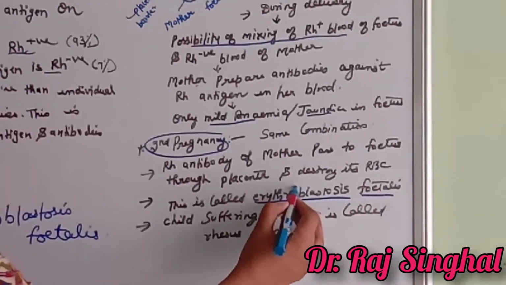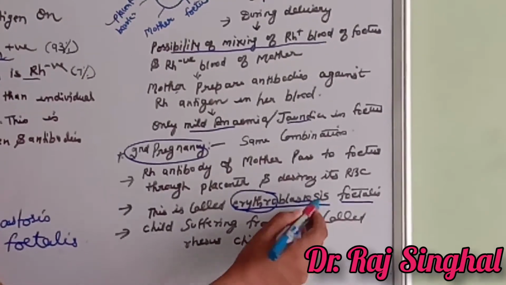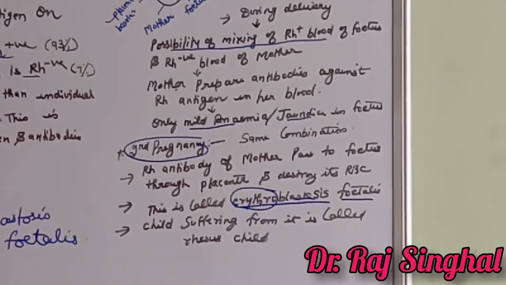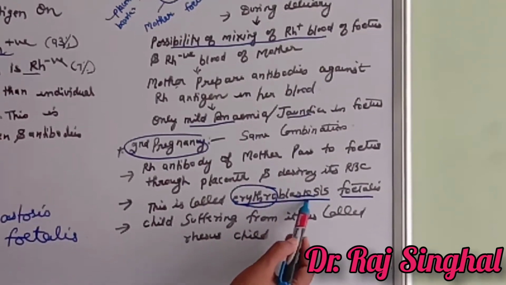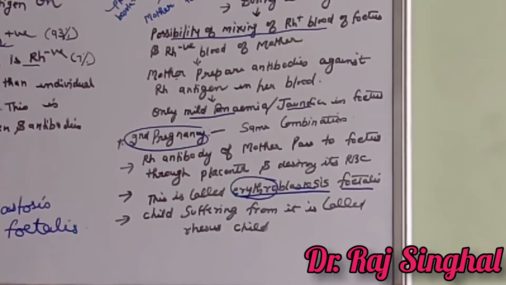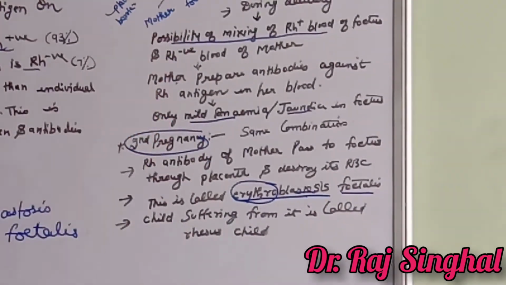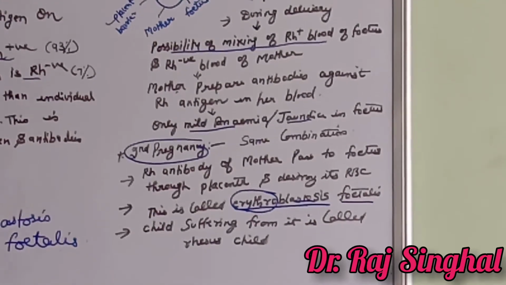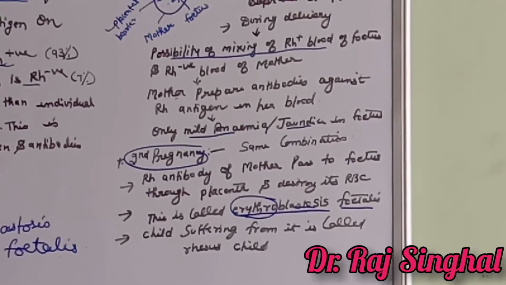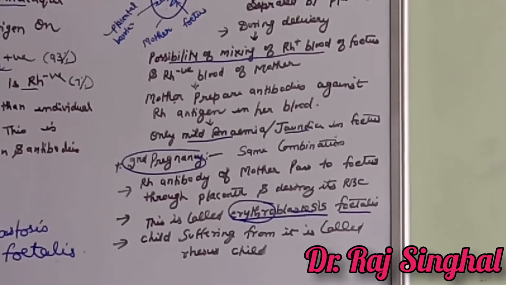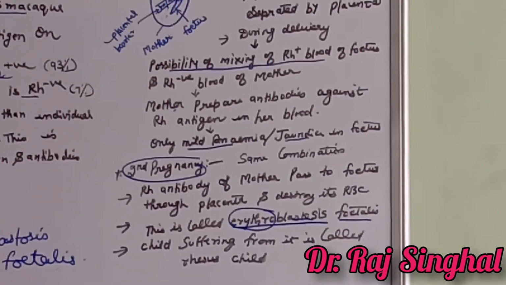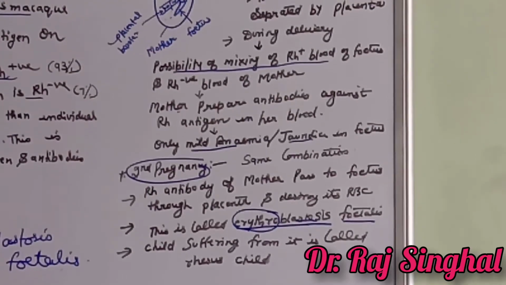That means erythrocytes blast in the fetal condition. It may result in the death of the child. This child suffering from this disease is known as a rhesus child. To prevent this, the blood needs to be cleared and replaced by clean blood.